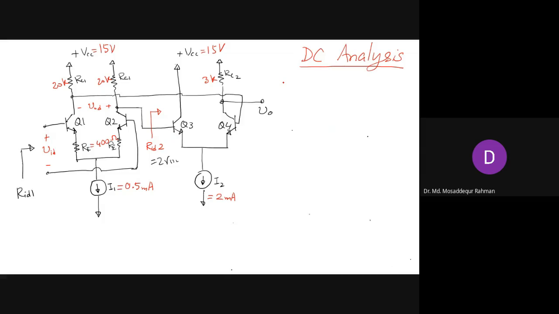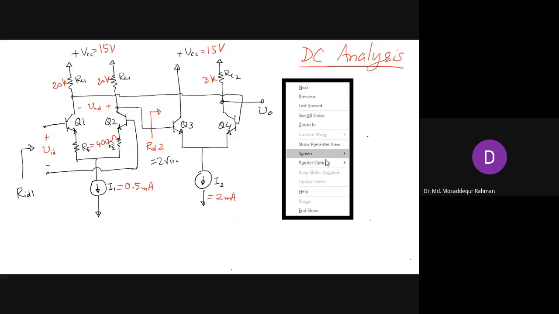So one thing that we like to point out here.